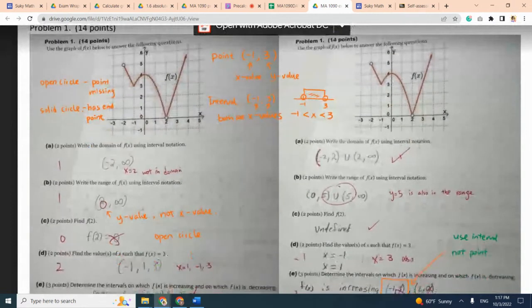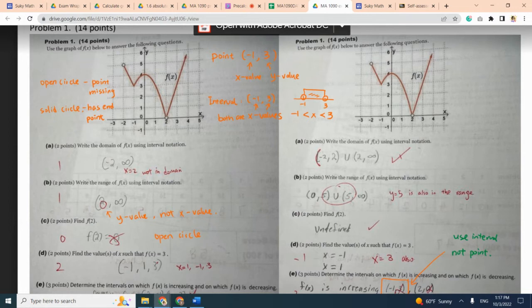So the first problem. I realized many of you get confused with parentheses notation. Points. Are you able to see these? Okay, good. Let's say this point is (-1, 3).